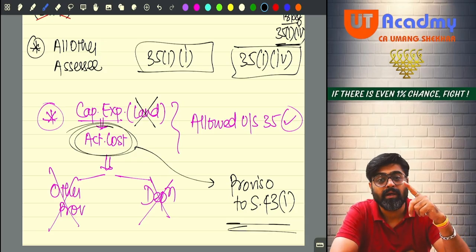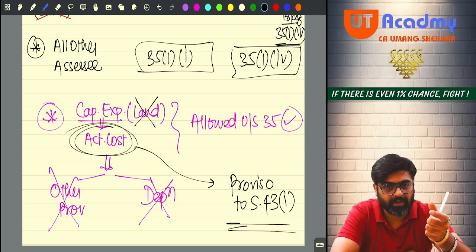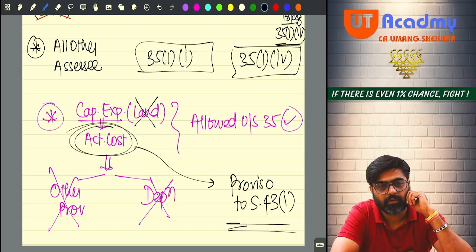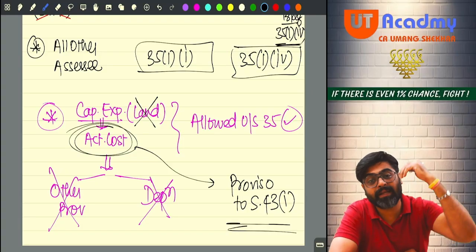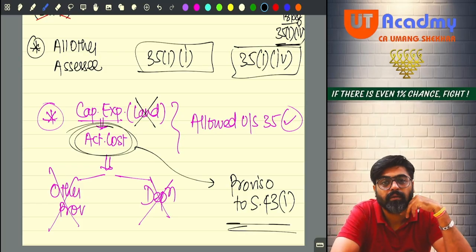But what if the amount of actual cost paid in a day to a person is more than 10,000 and you have paid it by way of any mode other than prescribed modes?